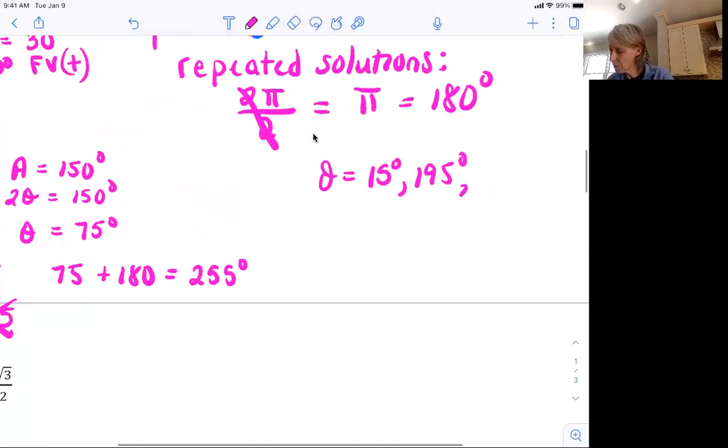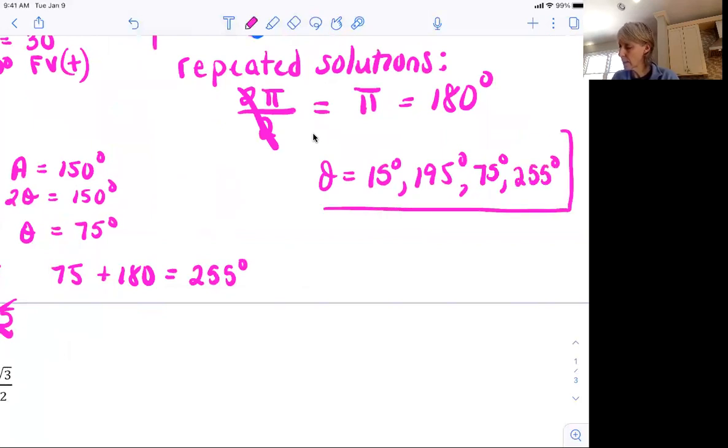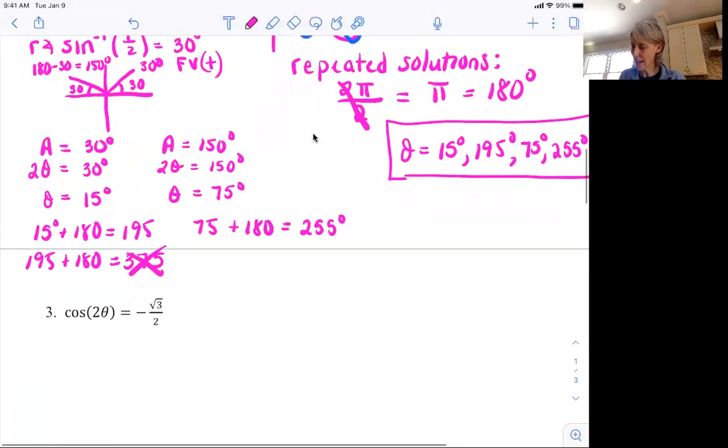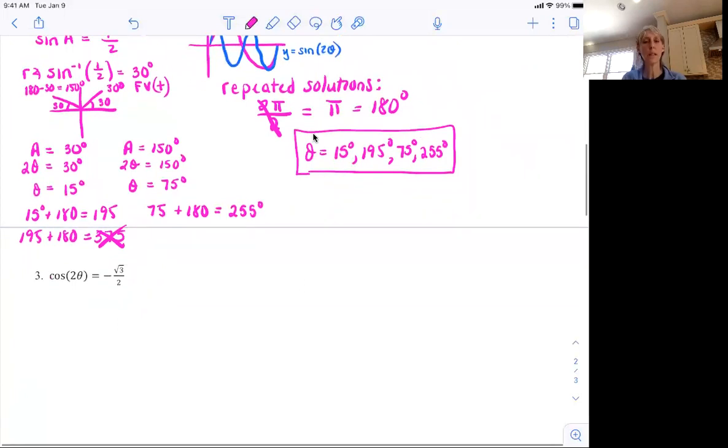So our solutions are 15, 195, 75, and 255. Now, don't get so stressed out, because normally when you're dealing with problems like this in a calculus course, they're going to give you some type of situation where you only really have to find the first two. They're going to make the intervals a little bit easier for you to work with.